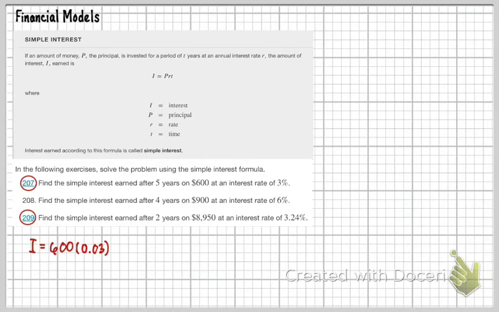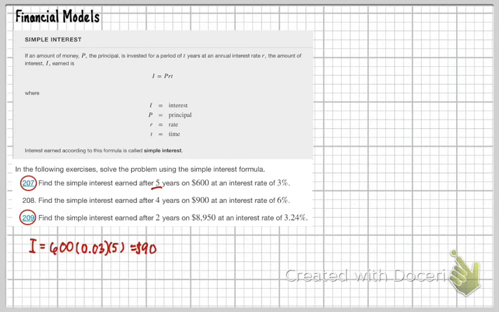And then our time, in terms of years, this says 5 years. So there it is. So now when I multiply all these together, this is going to be my interest. So then my interest is $90. So in this simple interest problem, over 5 years, $90 more is made.